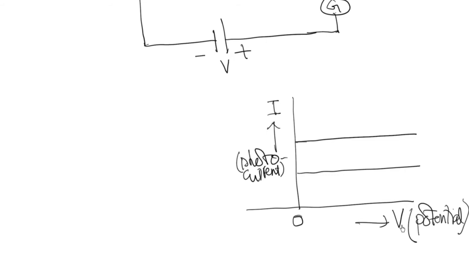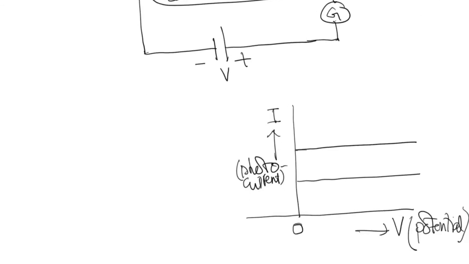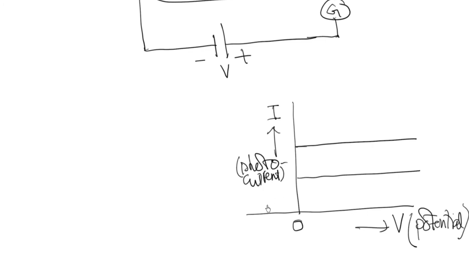But if we reverse the polarity of the battery, so that the positive is on this side and the negative is on this side, then this electrode will be negative compared to this. So the electrons will be retarded, and this electrode will repel the electrons, and so the current will decrease in the circuit. And that situation can be explained with the help of this figure.